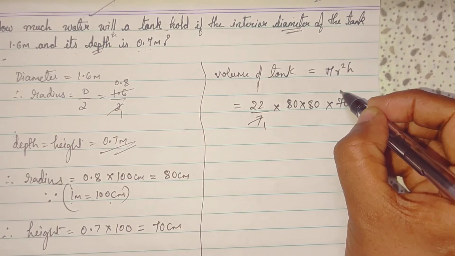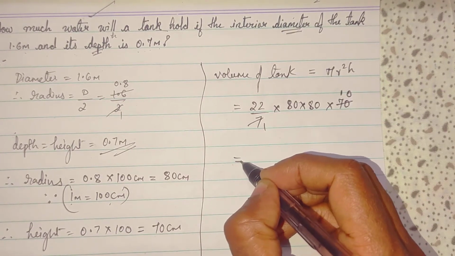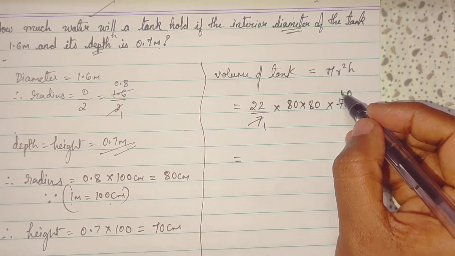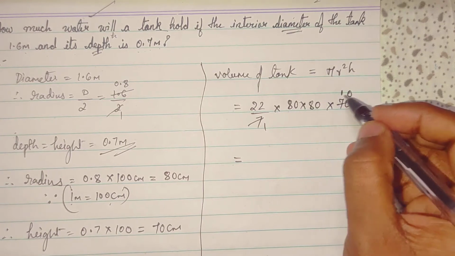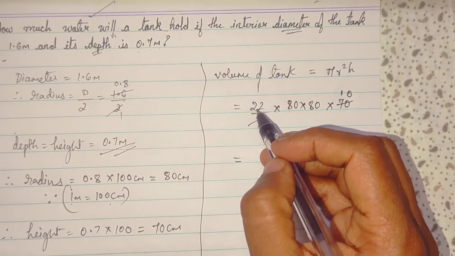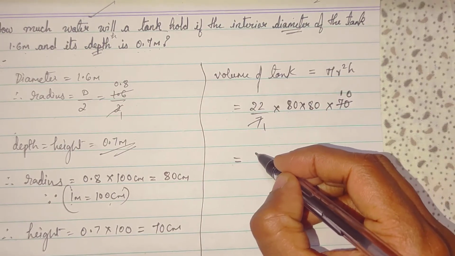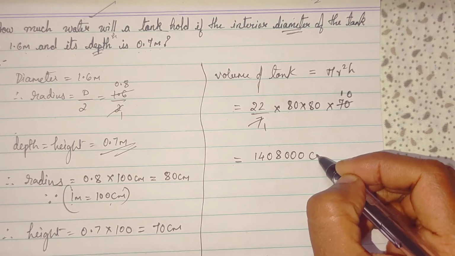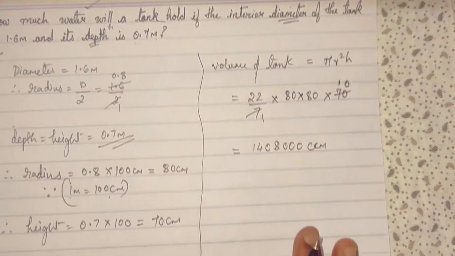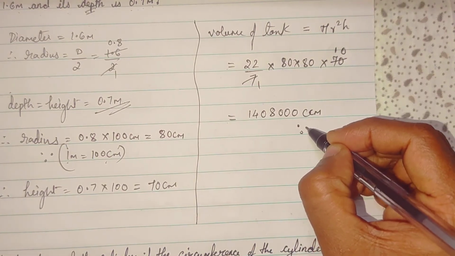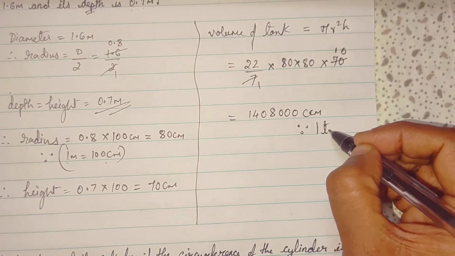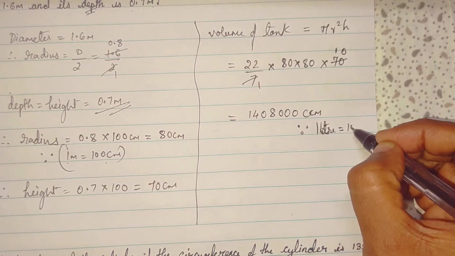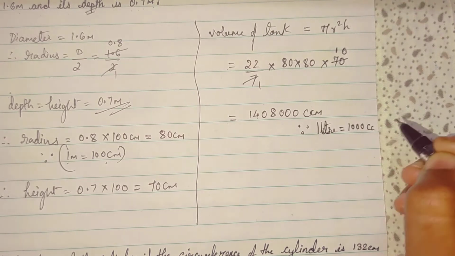7 ones are 7, 7 zeros are 0. Now 8 8s are 64. So here you got 64,000. Then multiply by 22, and you will get the answer in cubic centimeter. Now we know that 1 liter is equal to 1000 cubic centimeter.